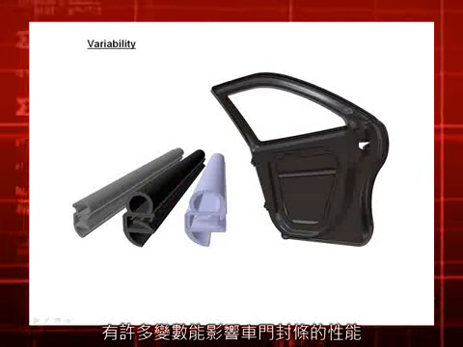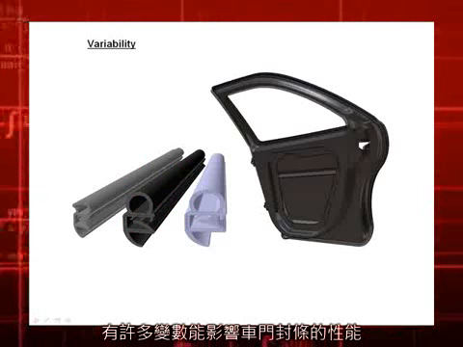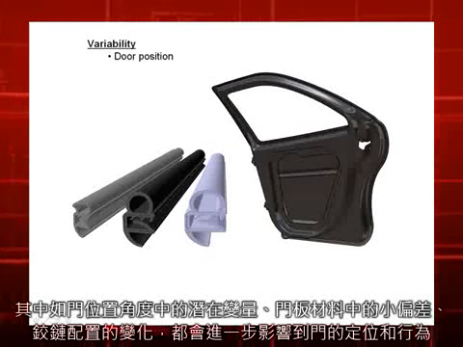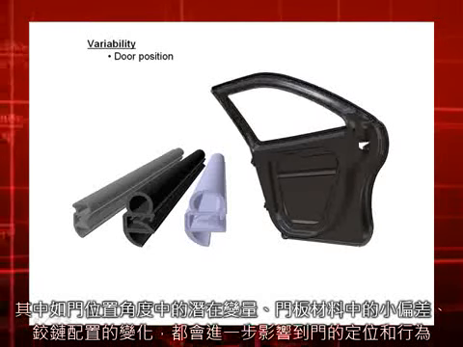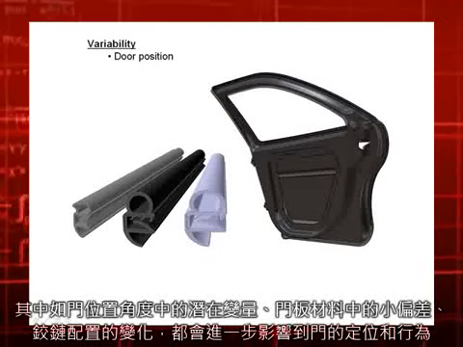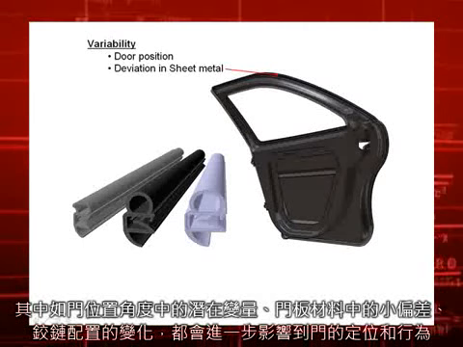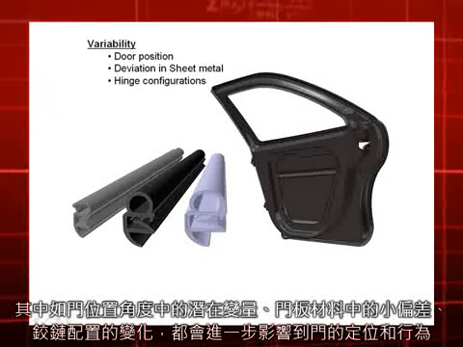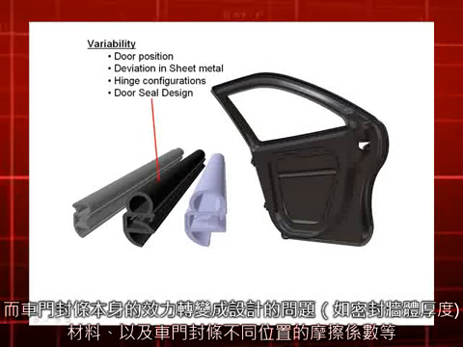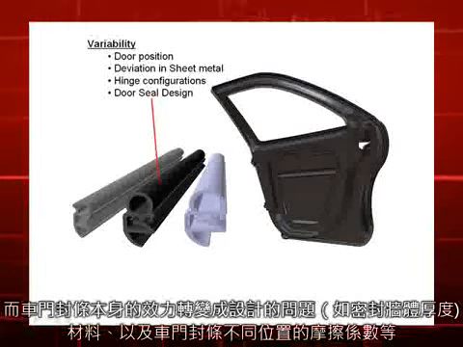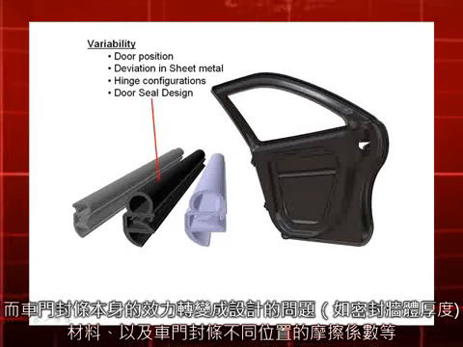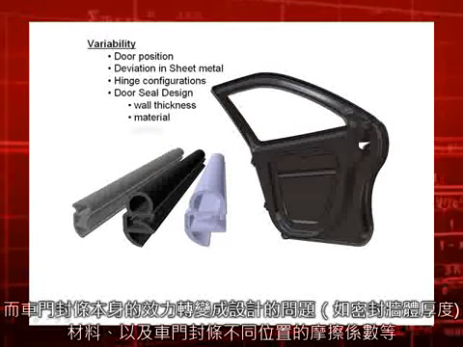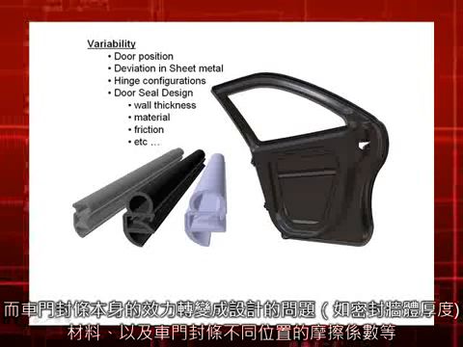There are many variables that affect the performance of a car door seal. Some of these variables are things like potential variability in the door position, minor deviations in the door sheet metal, changes in hinge configurations which further affect door positioning and behavior, and effectiveness of the door seal itself, which translates to issues of design such as seal wall thickness, materials, and friction coefficients among the different areas of the door seal itself.